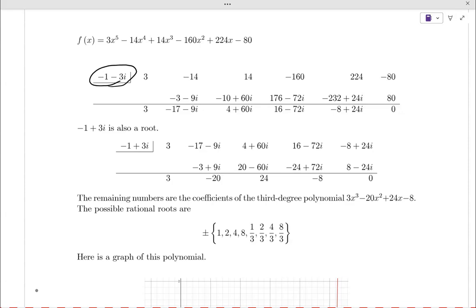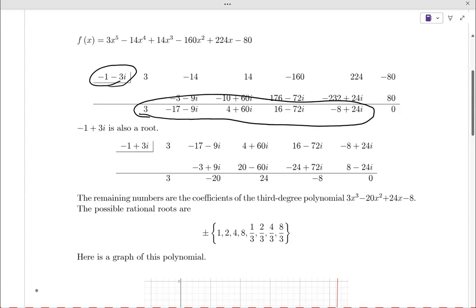Now, as far as the answers go, these are the numbers that I wanted you to type in right here, those ones that are in the bottom row. Okay. Now, since we know -1 minus 3i is a root, what else has to be a root? Yeah, the -1 plus 3i. So using these as your coefficients now, without the zero, you wanted to run the -1 plus 3i through.